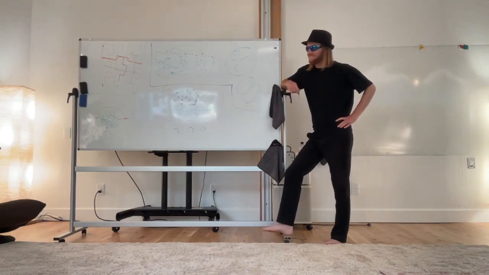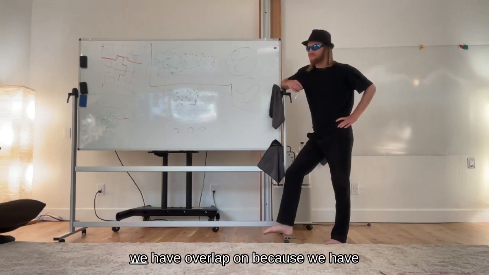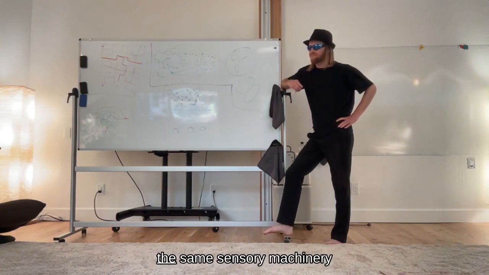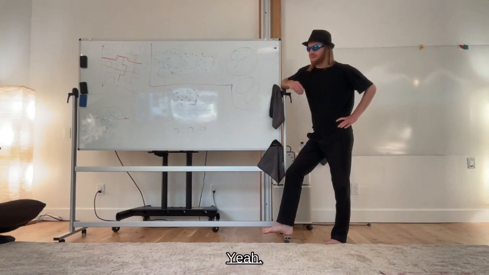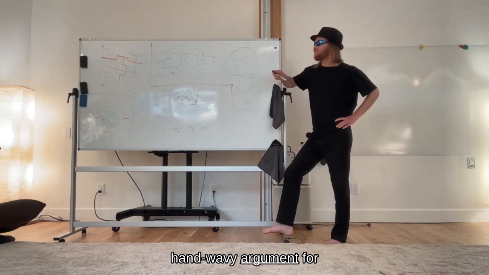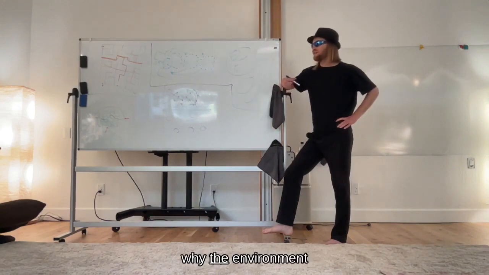Anyways, okay, yeah. So there's some shared representation. There's some shared inputs. Some inputs that we have overlap on because we have the same sensory machinery. Yep. And we can attach labels to them. Yeah. I would add here a sort of hand-wavy argument for why the environment would be the main driver.